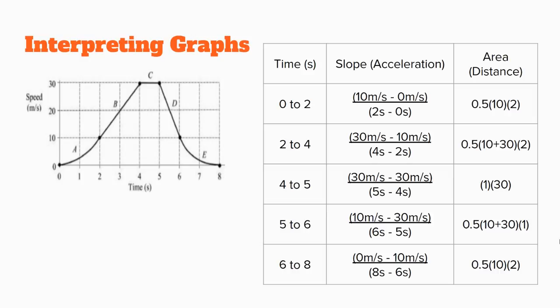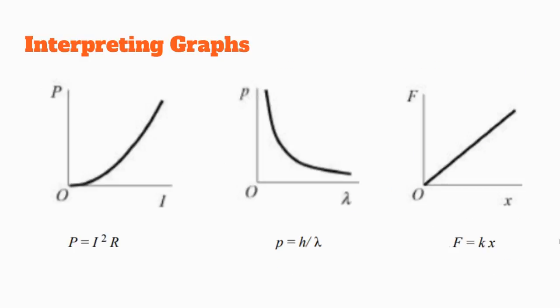And there are many graphs in physics that we are going to learn about, and something like this. Power, we're going to eventually learn this. P equals I squared R. P equals h over lambda. F equals kx.